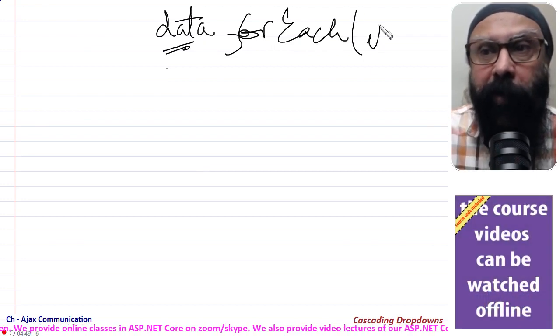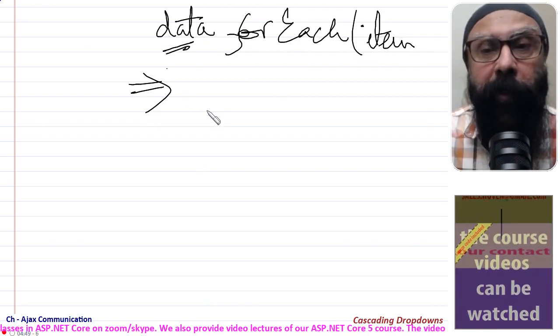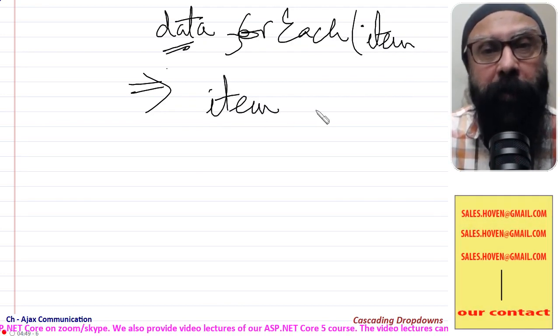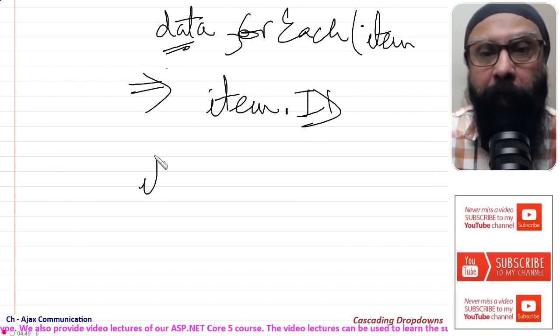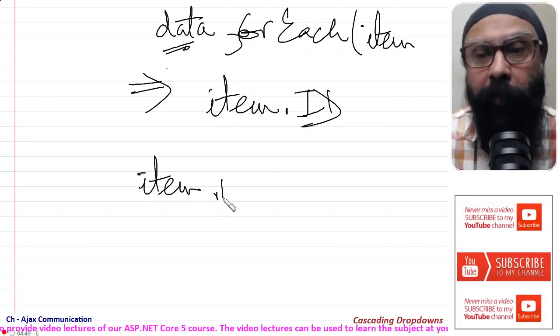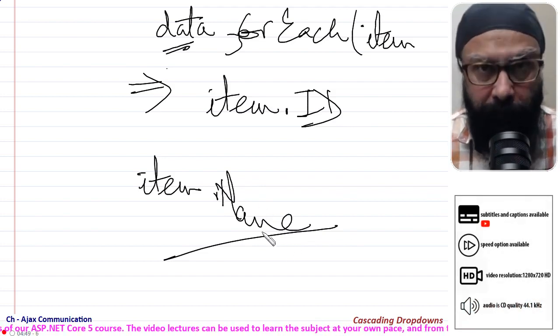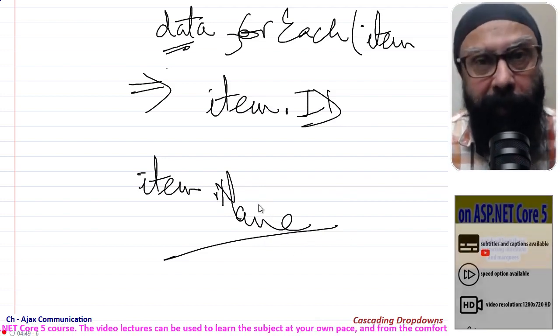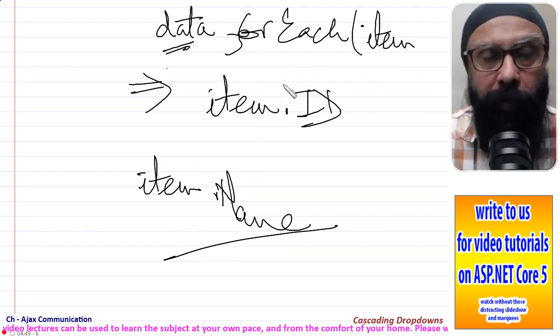We will run a for each, and each item will now have the same properties that we sent from the server side. Item.id, item.name, whatever, all those properties will be available on the client side. So this is how the whole thing is going to occur.